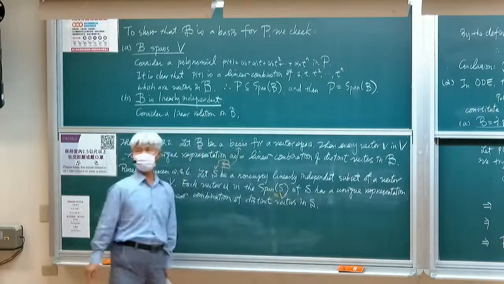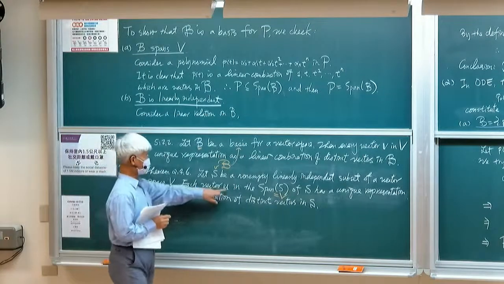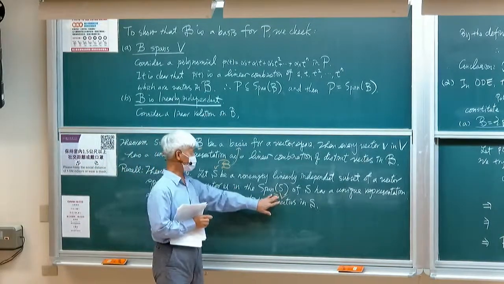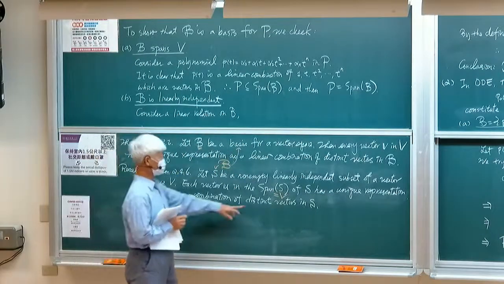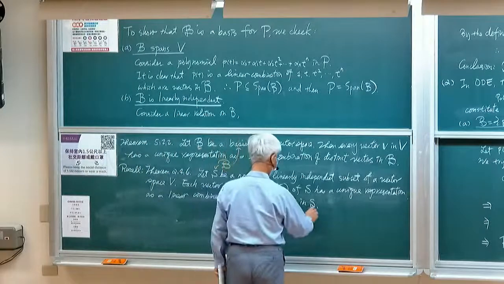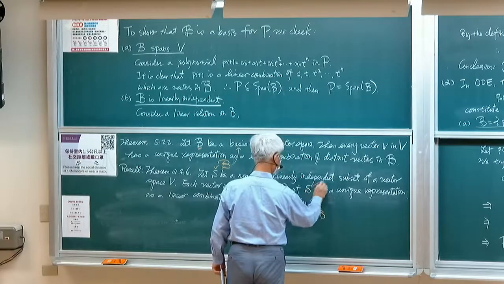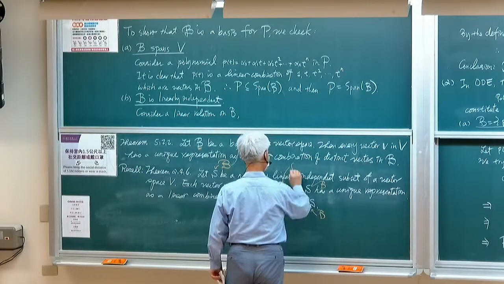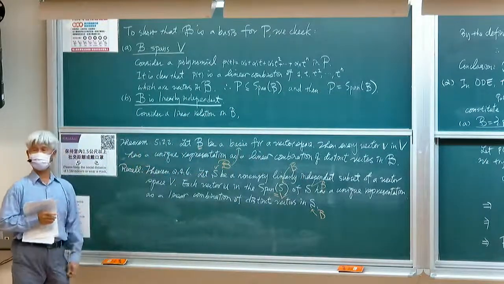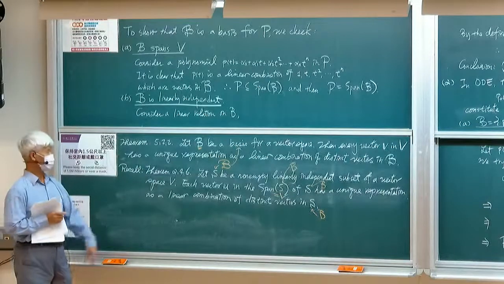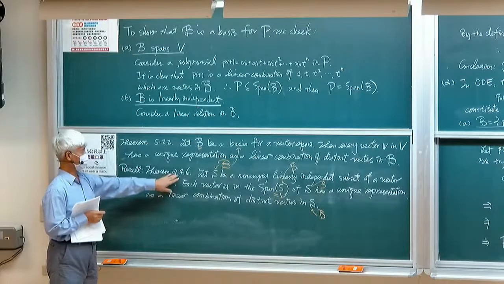So each vector u in the vector space V has a unique representation as a linear combination of the distinct vectors in B. And this is exactly Theorem 5.2.2. So Theorem 5.2.2 is a special case of Theorem 2.4.6.